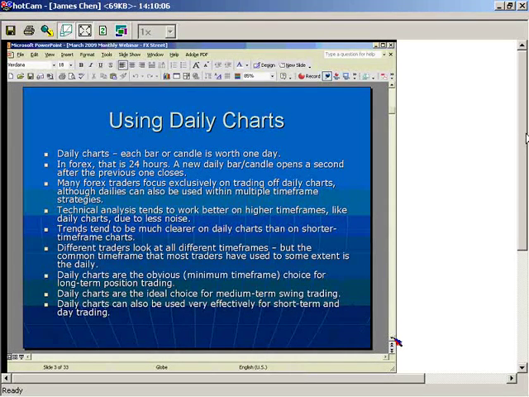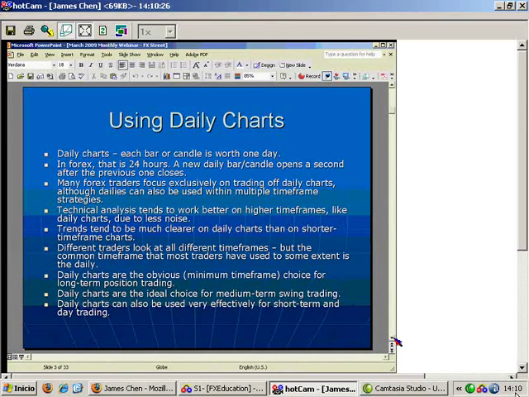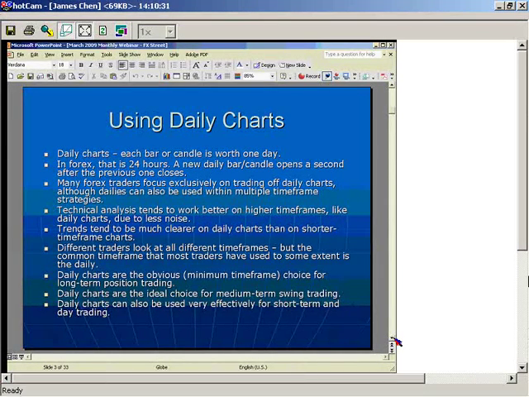Now, if you ask someone, do you trade the 4-hour chart? They may say, yeah, on occasion, and some may exclusively use the 4-hour chart. But when it comes to the primary time frame of choice, most traders will have at least used the daily chart to some extent, and many of them are exclusively daily chart traders.